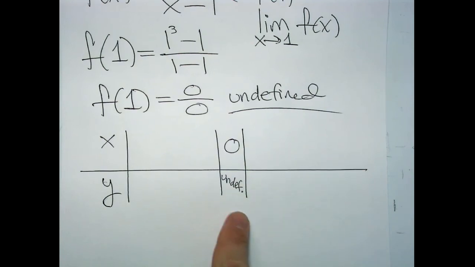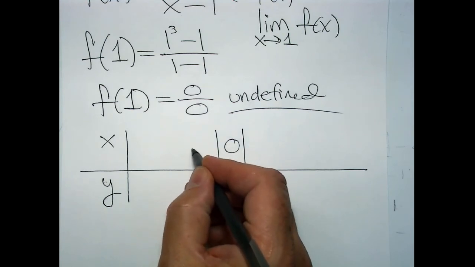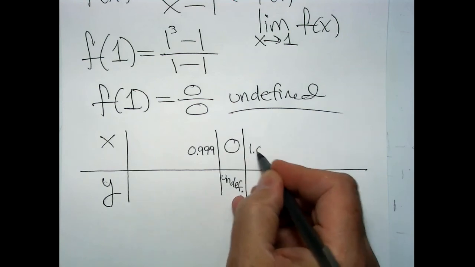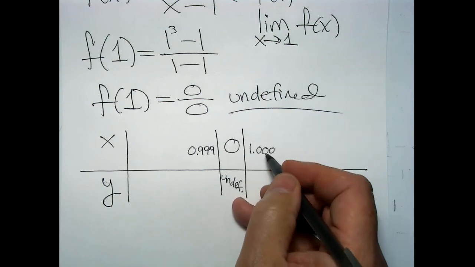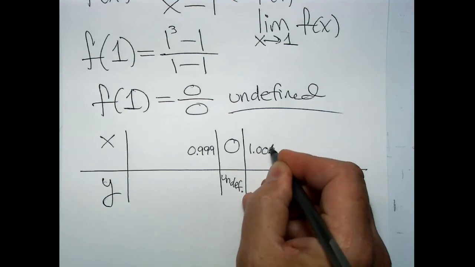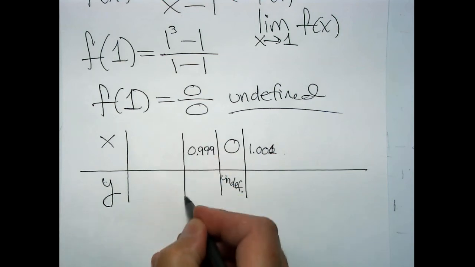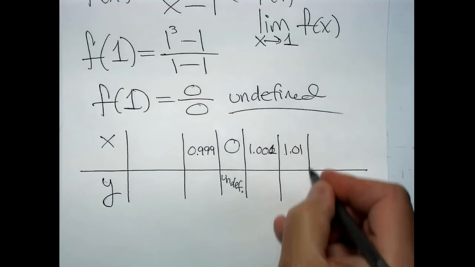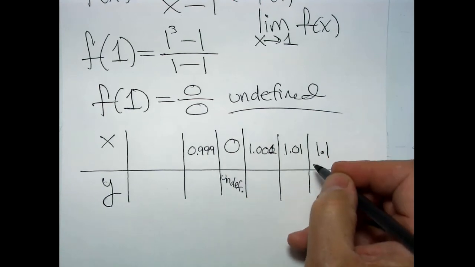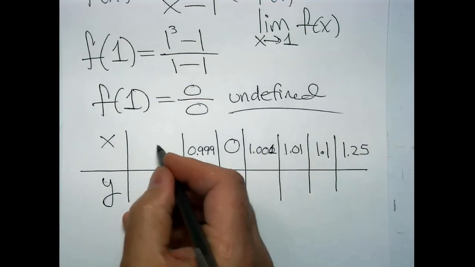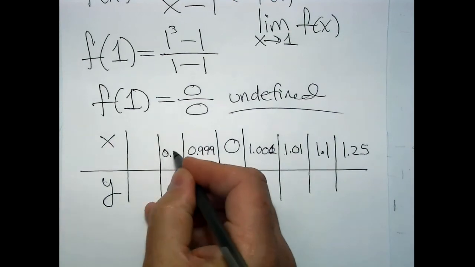So that's not going to help me. But what you can do is look at some nearby neighbors, like 0.999, and over here, how about 1.0001? Let's just do 2 zeros here. 1.001. Looking off to the right here, maybe 1.01, and then 1.1, and we could even go larger than that, maybe 1.25. Back here, how about 0.99?